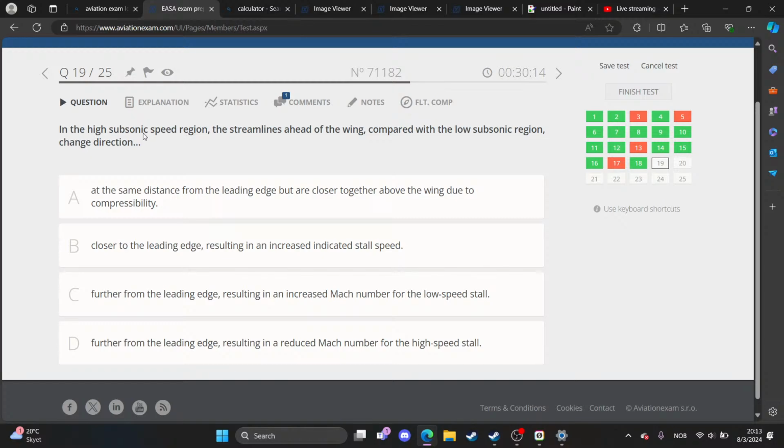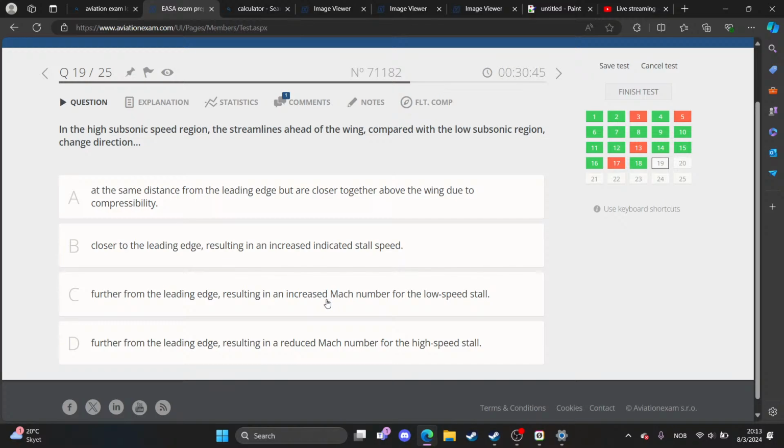In the high subsonic speed region, the streamlines ahead of the wing, compared to the low speed, change direction further from the leading edge, resulting in increased Mach number for the low speed stall. Further from the leading edge, resulting in reduced Mach number for high speed stall. Resulting in an increased Mach number.